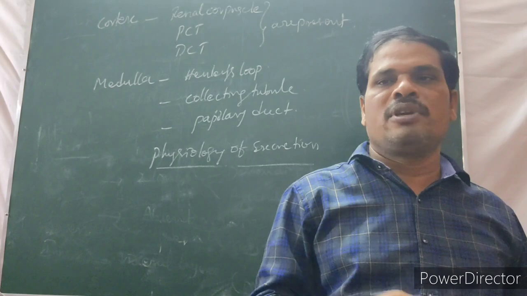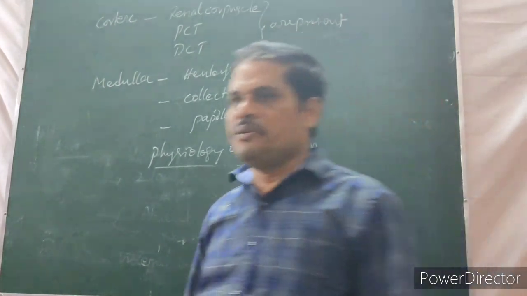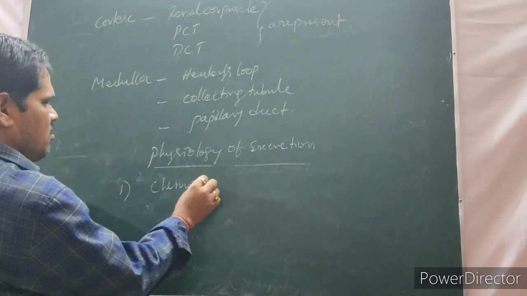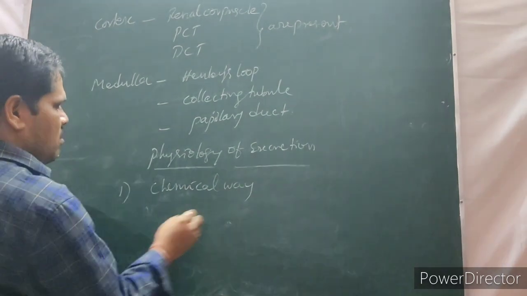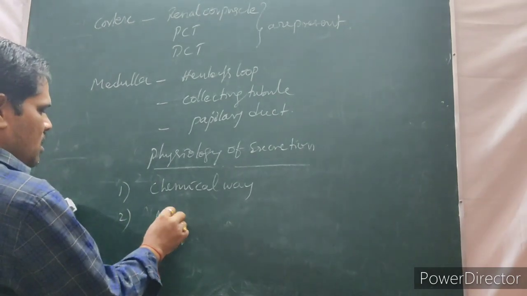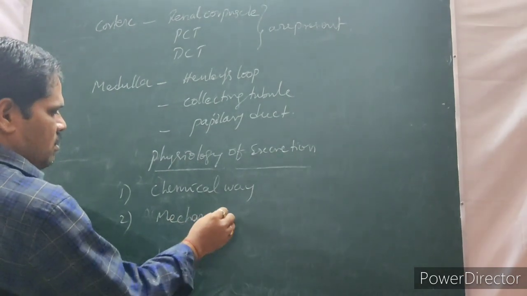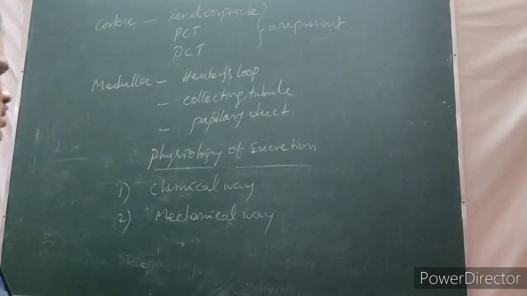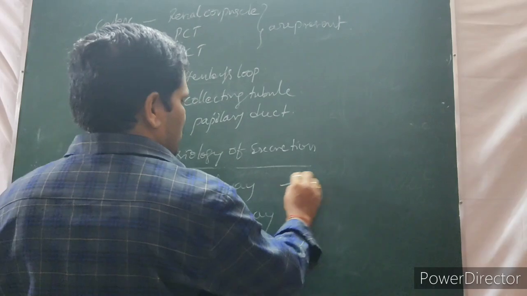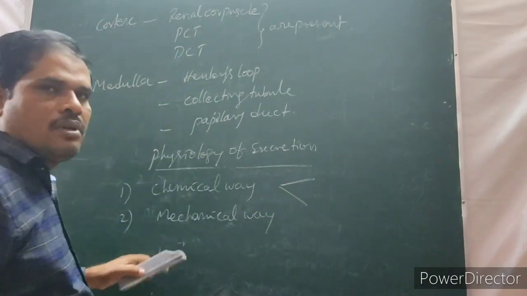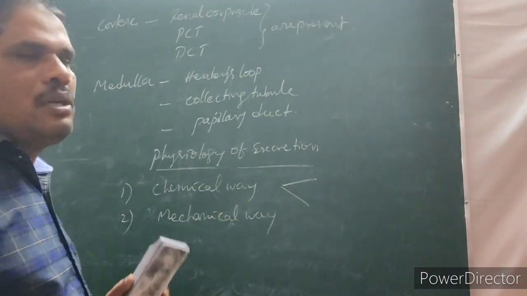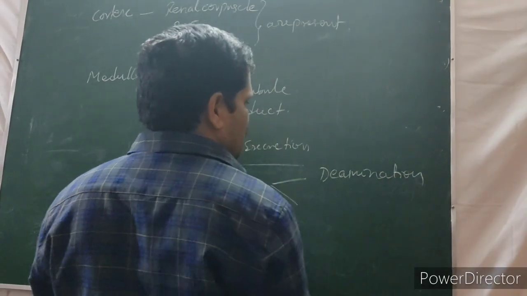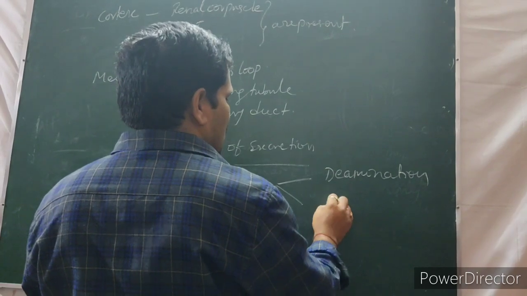One is the chemical way, and the other is the mechanical way. Under the chemical method, two important methods are there: deamination and the ornithine cycle.